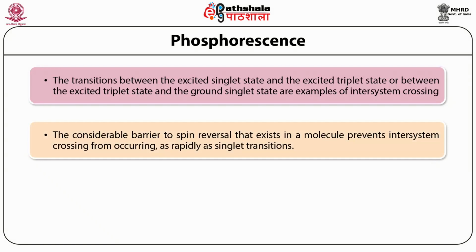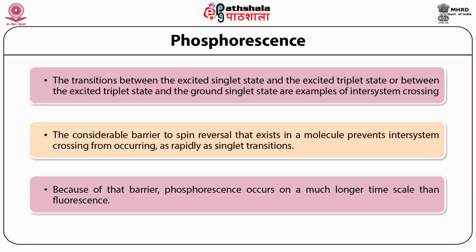The considerable barrier to spin reversal that exists in a molecule prevents the inter-system crossing from occurring as rapidly as singlet transitions. Because of that barrier, phosphorescence occurs on a much longer time scale than fluorescence.